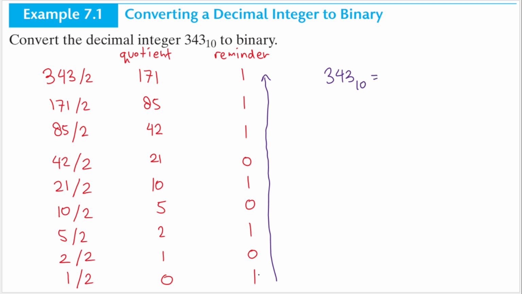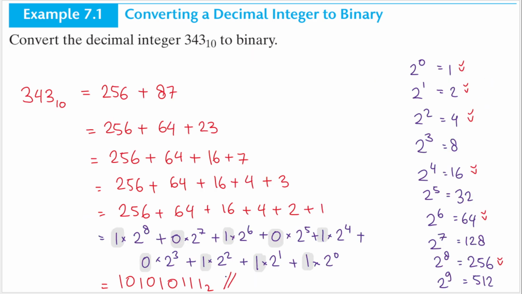Let's write it from the bottom to the top: 1, 0, 1, 0, 1, 0, 1, 1, 1, and the base is 2. This is the second method, which is actually the same as the first.